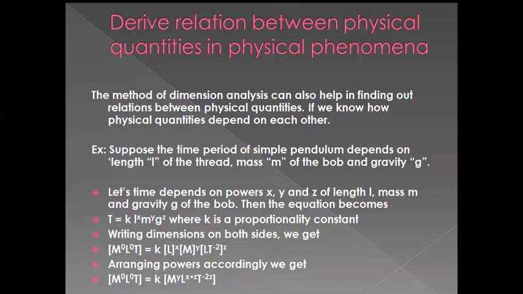The time period depends on length power x, mass power y, and acceleration due to gravity g power z. Since we don't know how it depends on these quantities, length, mass and gravity, we take the powers: L power x, m power y, g power z. K is a constant.